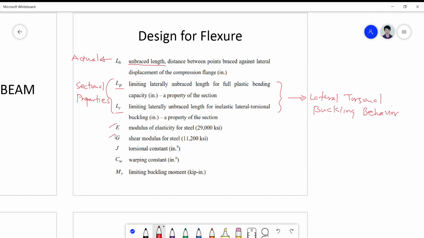The other properties or parameters are all common to all of us.